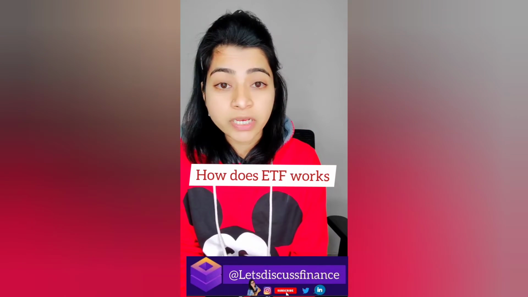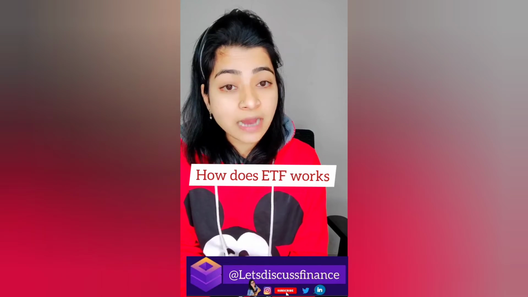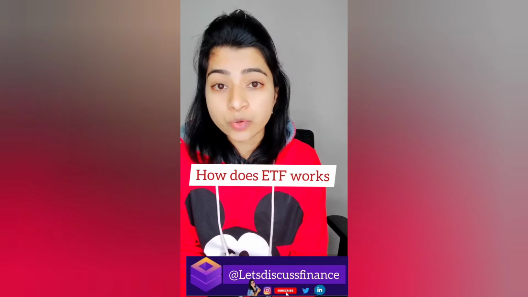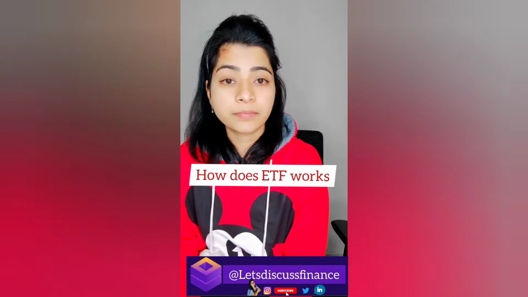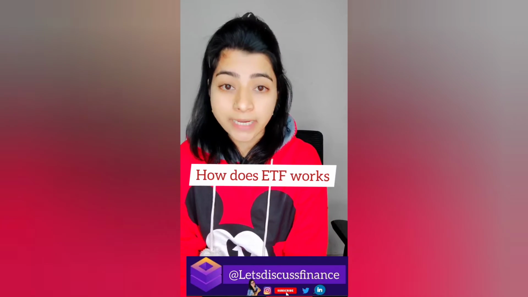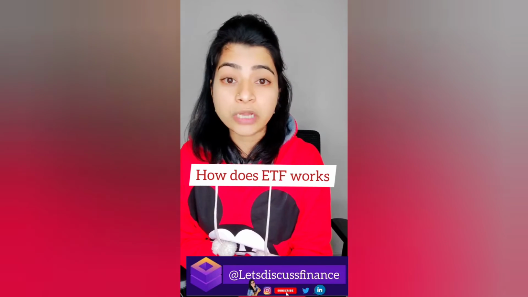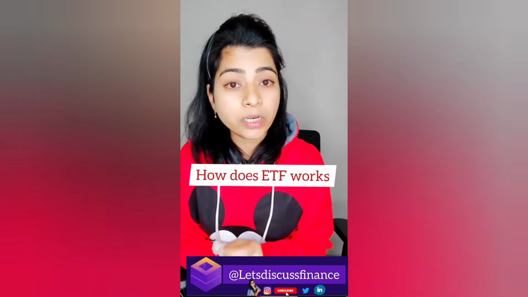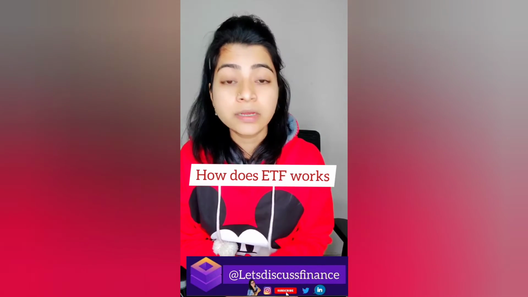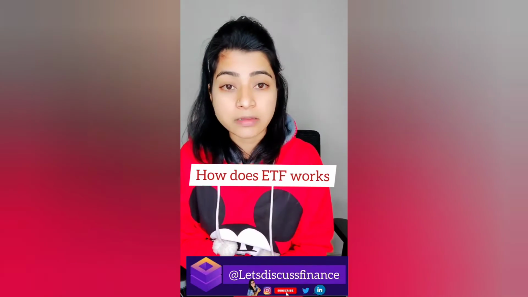It is very convenient and cost-effective to invest in an ETF, as the TER, total expense ratio, associated with a passive ETF is much lesser than mutual funds. Also, it can be bought anytime and in any format during market hours, like with limit orders at specific levels, whereas mutual funds can only be bought at a given NAV, and the transaction of mutual funds can only be placed after market hours.